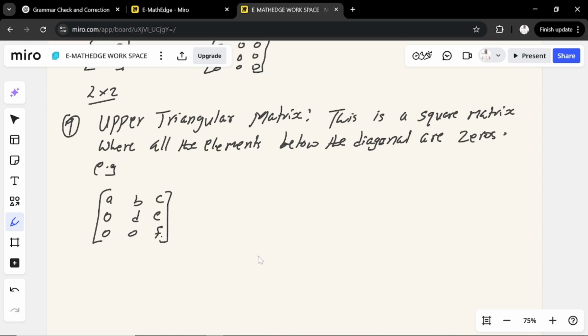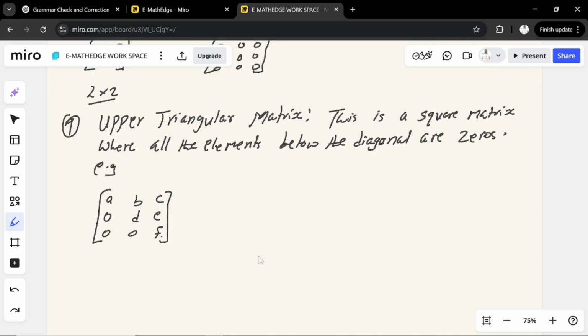So where is the diagonal line here? These are the diagonal elements: we have A, D, F. Elements below the diagonal must be zeros. All these items must be zero. That is what makes this matrix an upper triangular matrix.